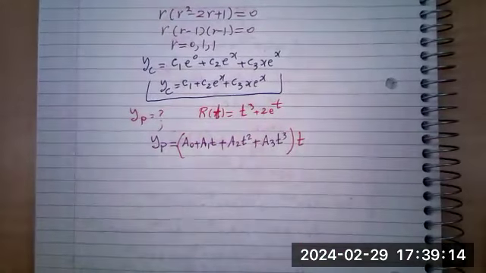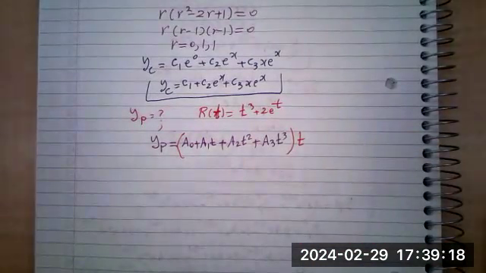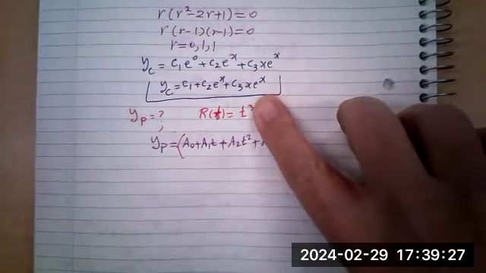I have a question though. Since this is t cubed plus 2e to the t, do we also have to multiply that polynomial with...? No, we do it one by one. So you do this one first. Oh, I see, yp1 and yp2. Yeah, remember I said that if it's g1 plus g2, your yp would be yp1 plus yp2.